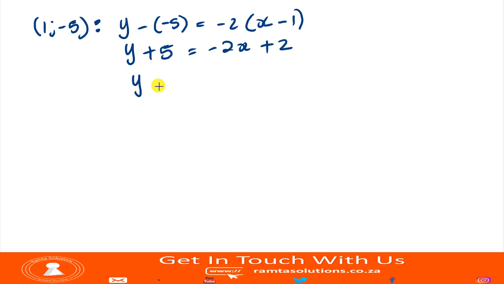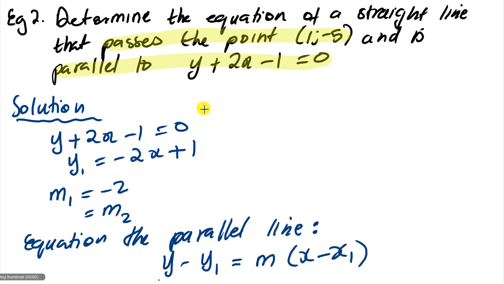Therefore, we can say y equals negative 2x minus 3. Minus 3, right? So this is your equation of the line that is parallel to y plus 2x minus 1 equals 0 and passing through the point (1, minus 5). Right? So this is the equation.